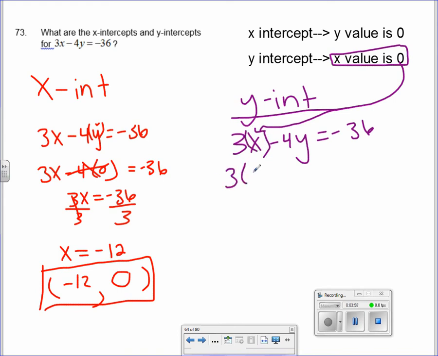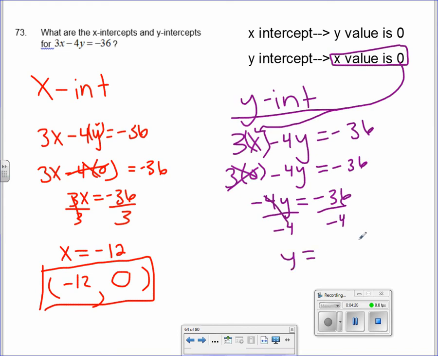So we get 3 times 0 minus 4y equals -36. Now anything times 0 is 0, so this is 0, it's gone. And we're left with -4y equals -36. Divide by -4 on both sides, and we get y is equal to +9.